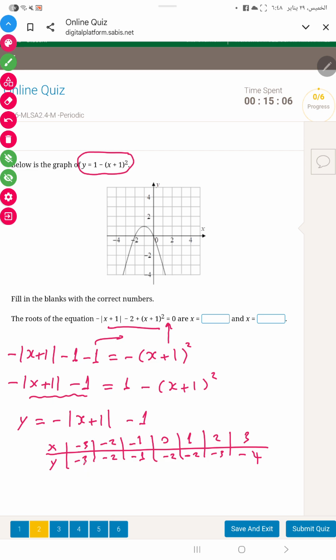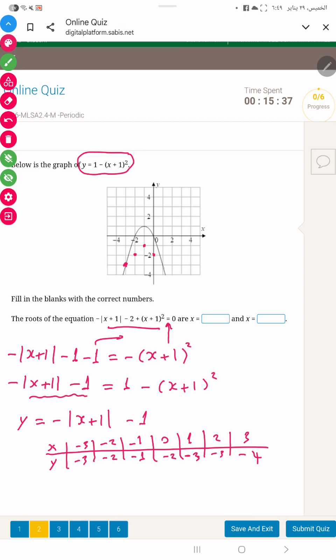Now you plot the table. Negative 3 is here. Negative 2 is here. Negative 1 is here. And then 0, negative 2 is here. And when x is 1, you have negative 3 here.